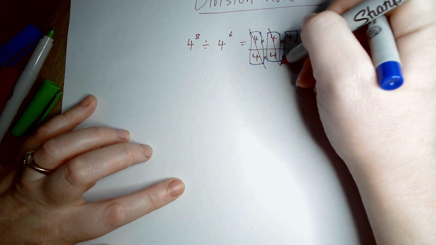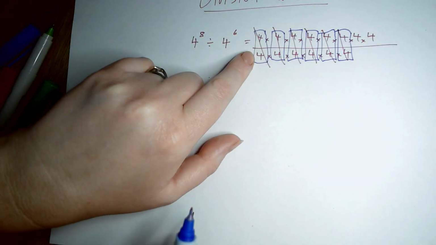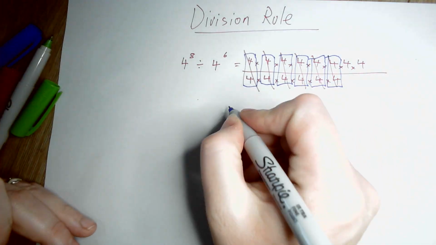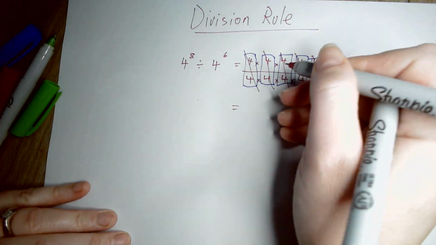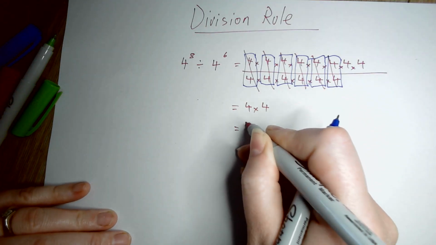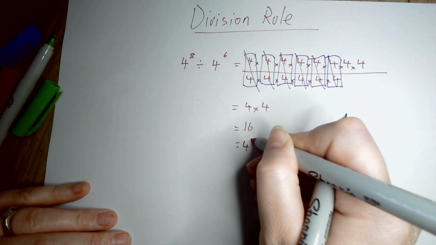So this cancels out, cancels out, cancels out, because 4 divided by 4 is 1. Anything divided by itself is 1. So we end up with just 4 times 4 on the top, which we know is 16. You could write it as 4 to the power of 2 though.